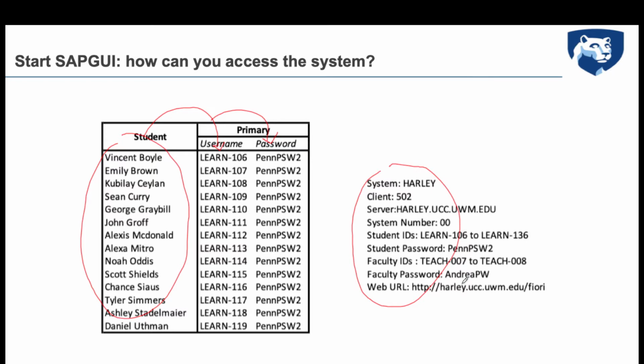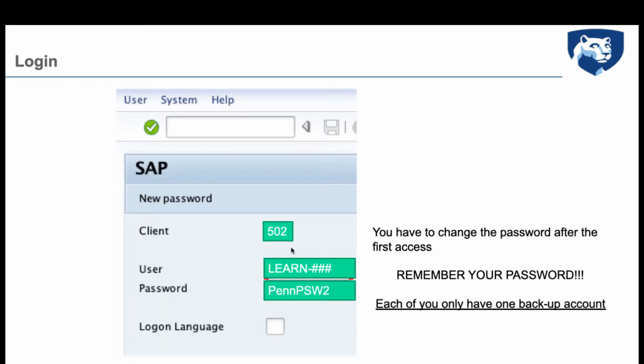Please don't use any of the other student IDs and faculty IDs, because I have assigned each of you a backup one, so these are the information that you have to use. Client, that's what you have to include, 502, learn, and you have to change the password after the first access.